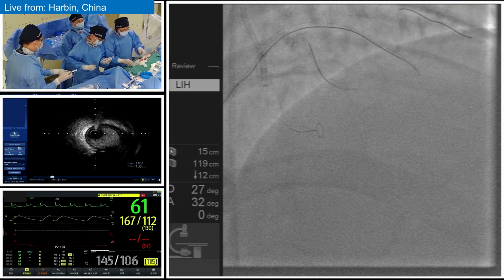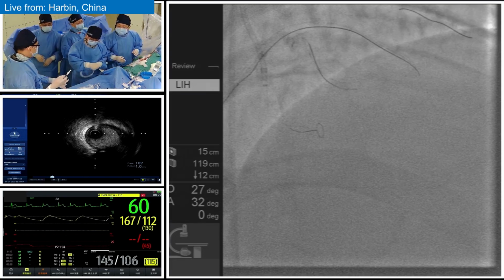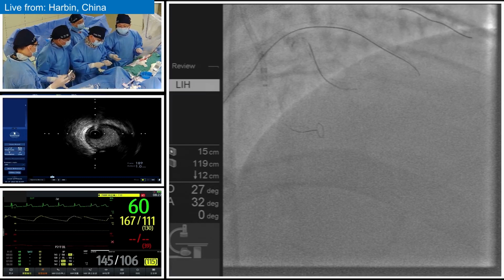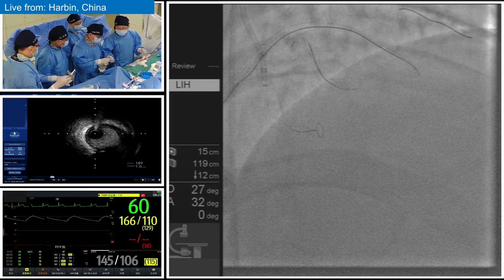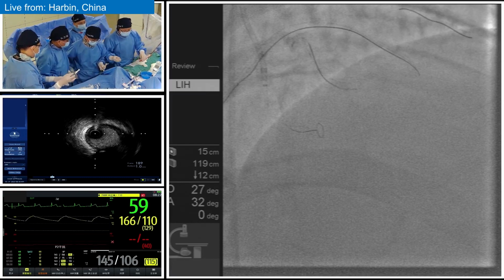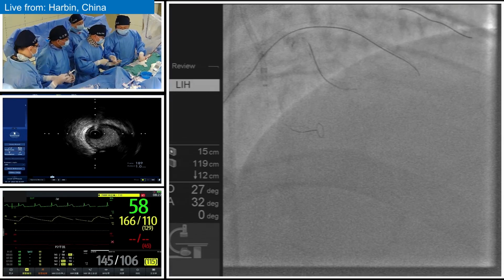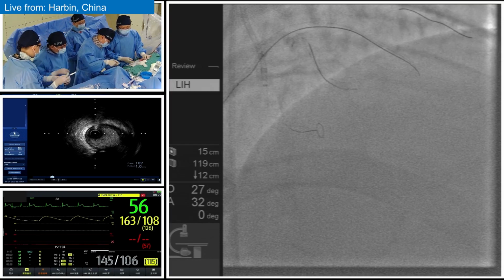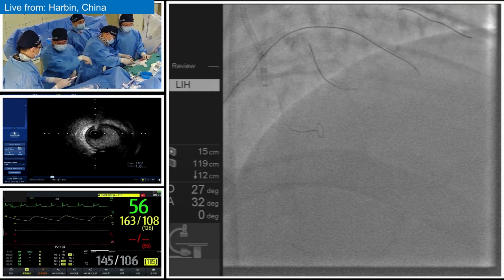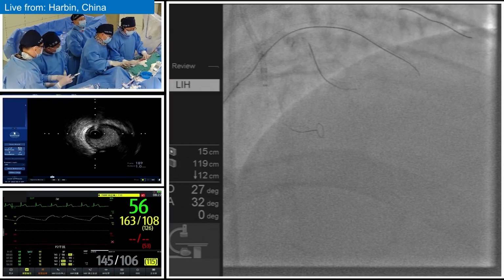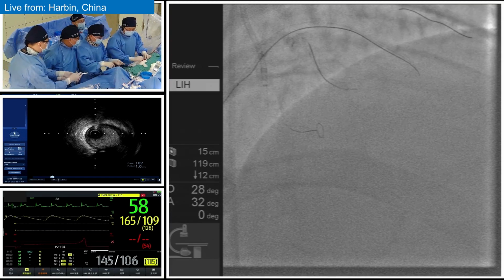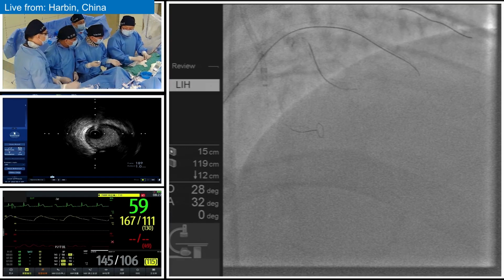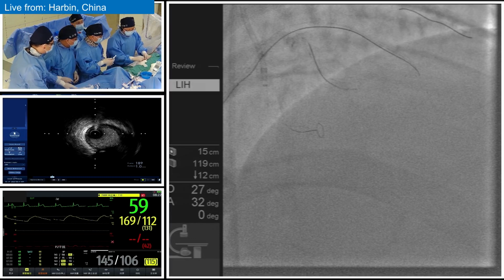As you can see from our previous demonstration, especially in CTO cases, it can offer very detailed information of not only the vessel structure, but also the composition and distribution of the plaque, which is of great importance for the CTO strategy.